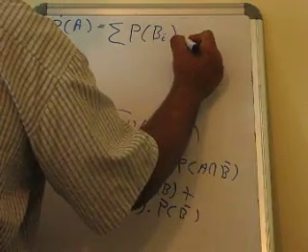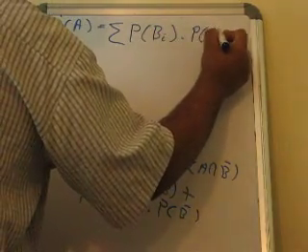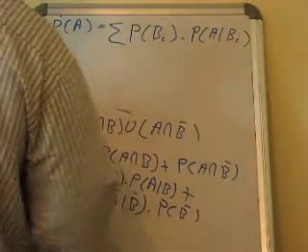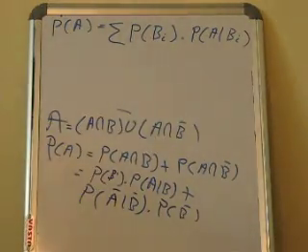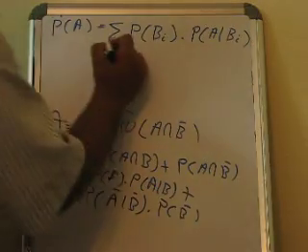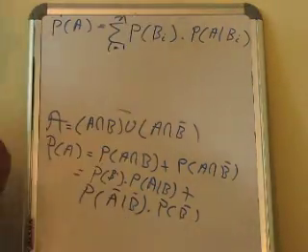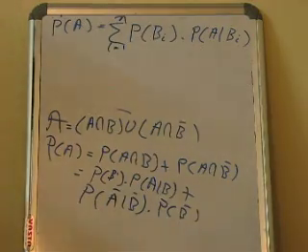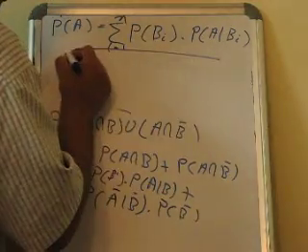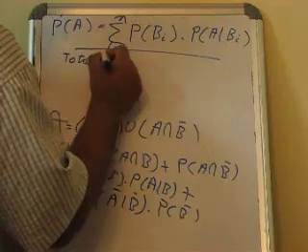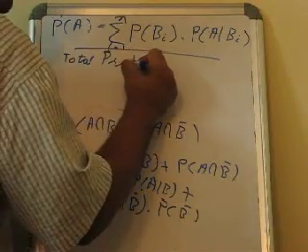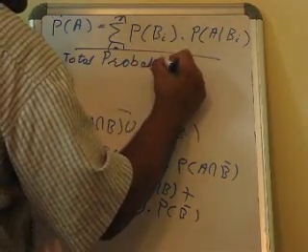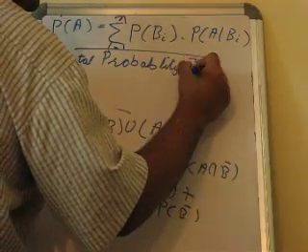So this is the extension to the n number of sets. This is known as the total probability theorem.